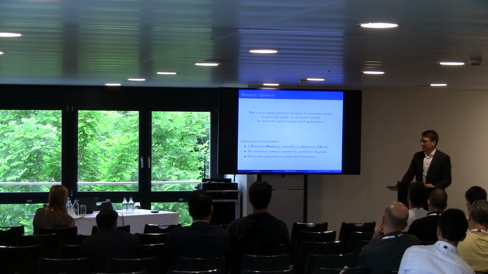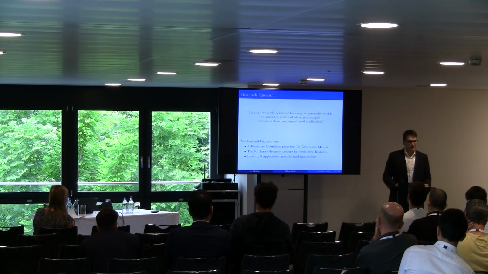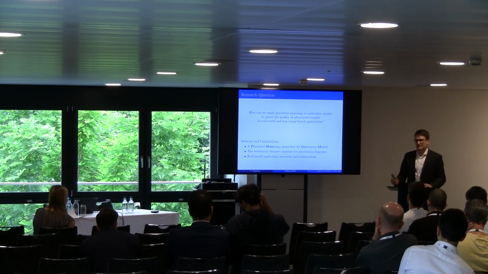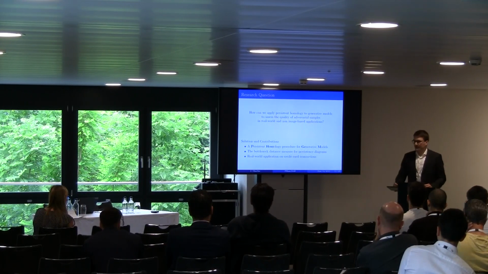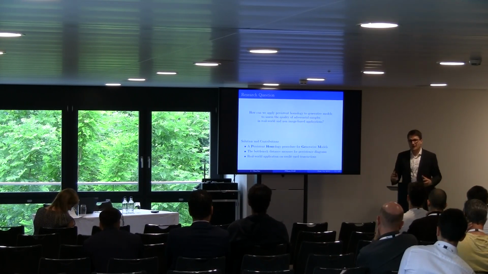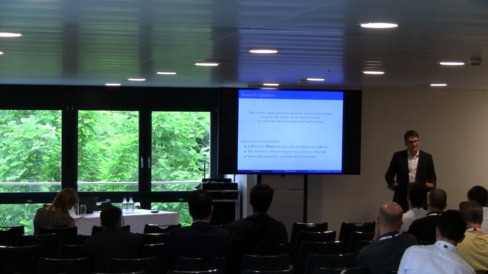So we will describe persistent homology for generative models. We will also introduce the bottleneck distance, which is a distance measure of persistent homology. And we will apply our technique on a real-world application on credit card transactions.